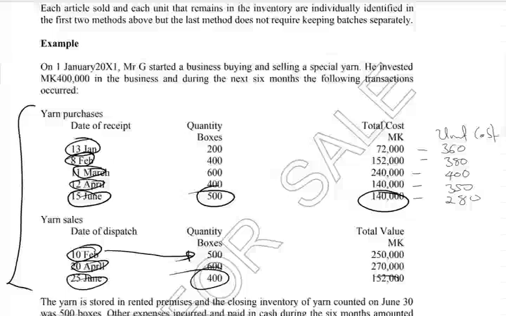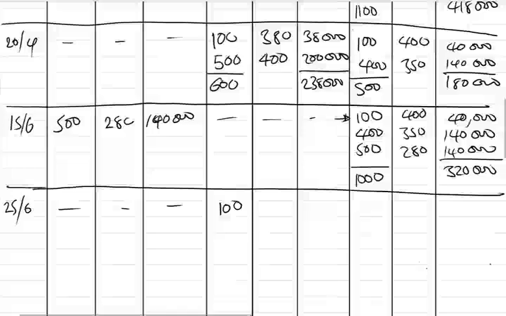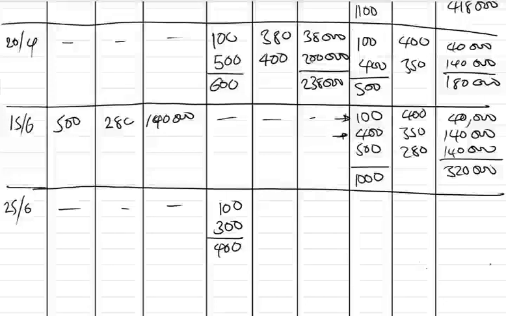They are selling 400, right? So the 300 will come from the 400, this balance right there. So again, 300. The 100 will be issued at 400. That's the unit price. And this one will be issued at 350. So this one will give us 40,000. While the other one should give us what?